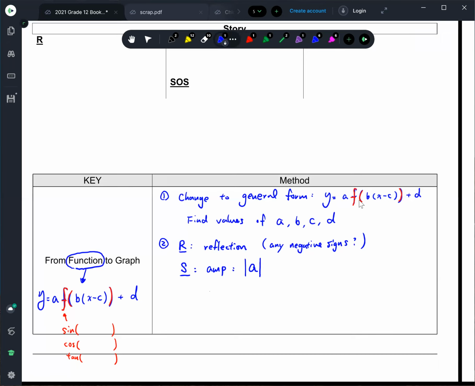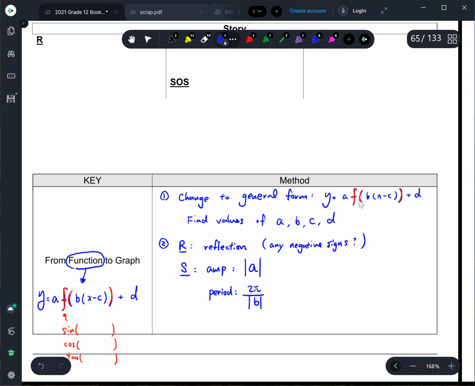And then we have the period. How do we find the period, Jenny? 2 pi divided by b. With what? Not just b. At the bottom, you also need to have absolute value on the b.